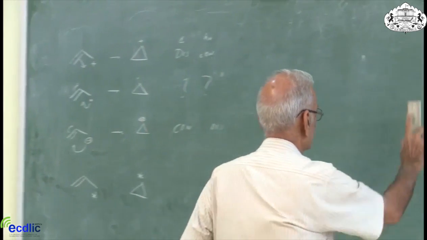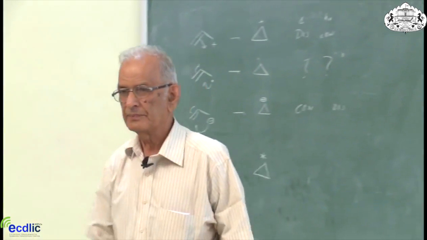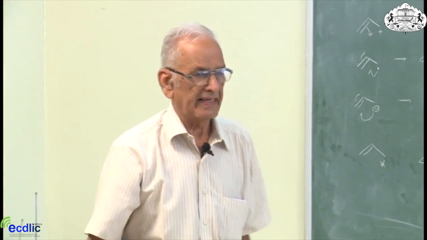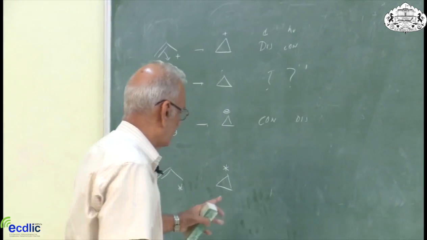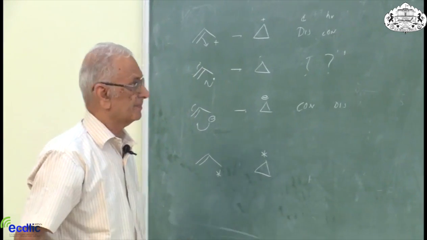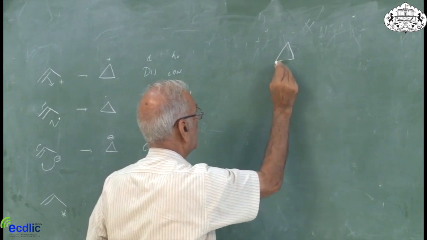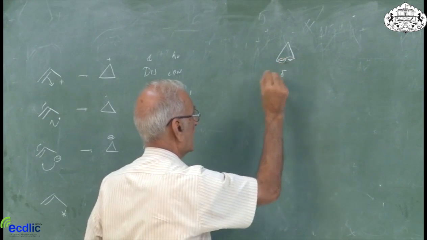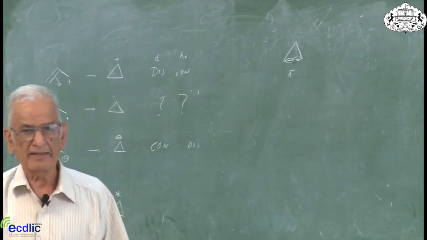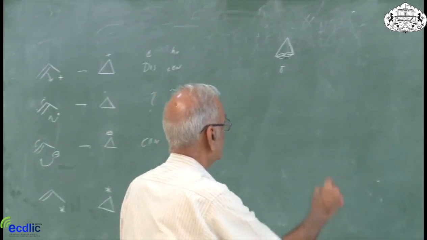So, let us look at how we can analyze this system. Okay. What are the orbitals here? The cyclopropyl system, which is the orbital? This is your sigma orbital. Which is your other orbital? Your other orbital is going to be sigma star orbital.